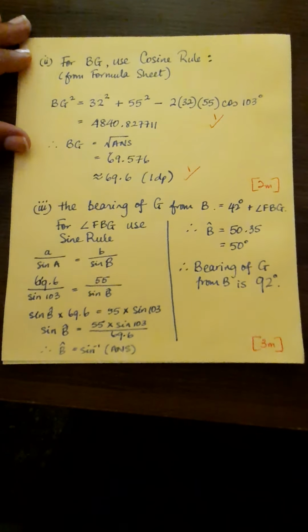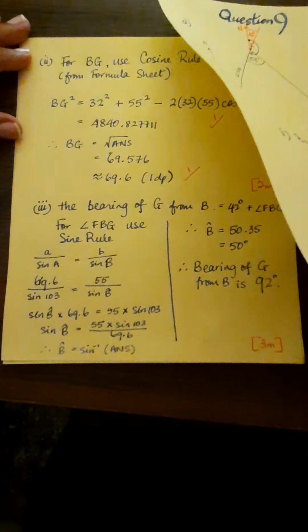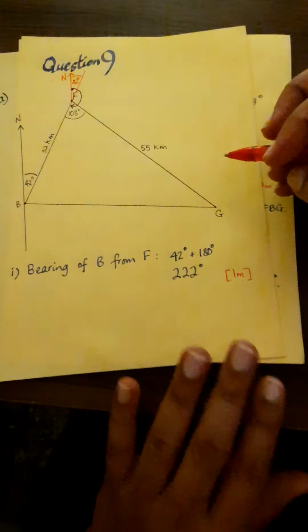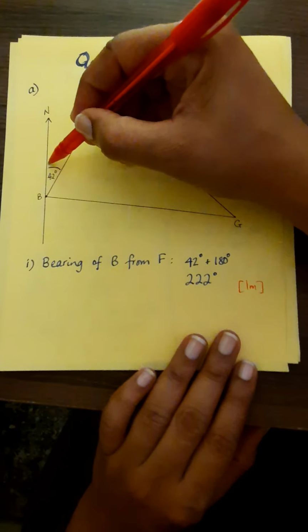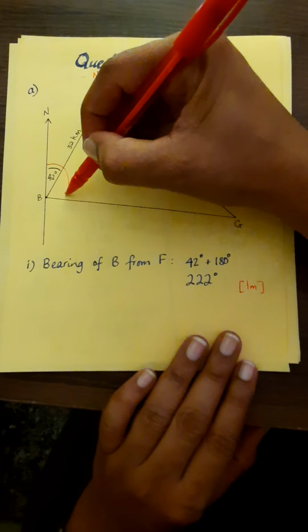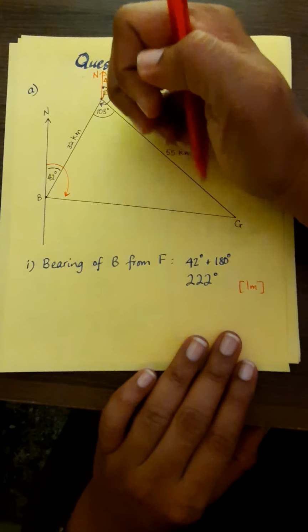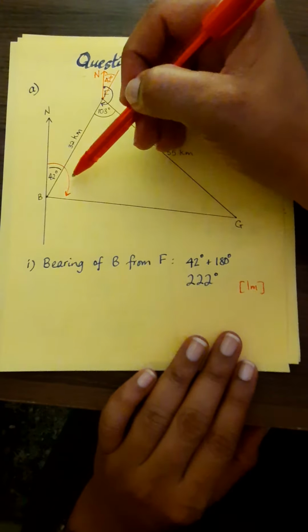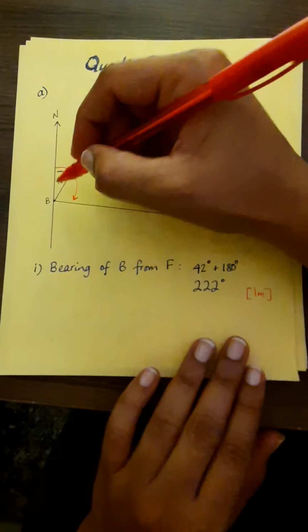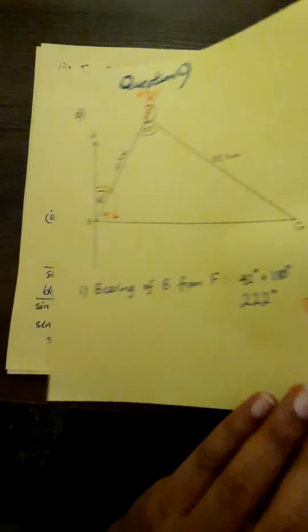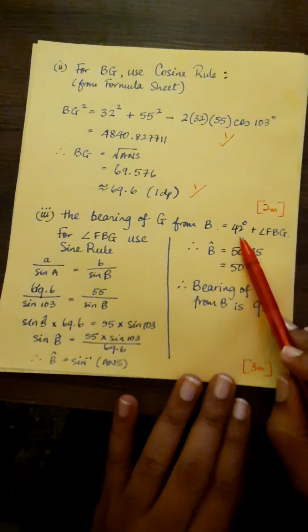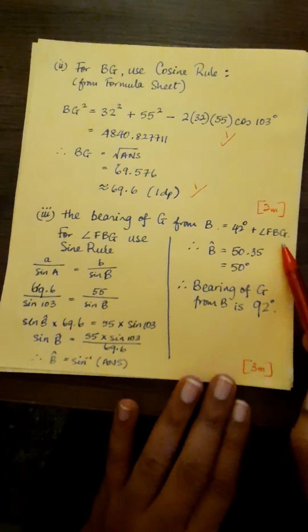Part 3, the bearing of G from B. So we need to get this angle here. This is the line that connects B to G. We know it is 42 plus some angle here that I'm going to call theta, so 42 plus angle FBG.